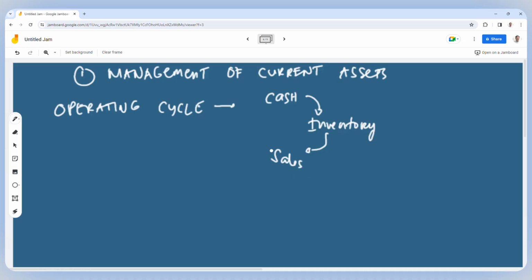If you are in manufacturing, then we have our AR, and eventually it becomes part of your cash again. That is the usual cycle: you begin with cash, purchase inventory, generate sales, it becomes part of your accounts receivable, and you have collections in terms of cash.